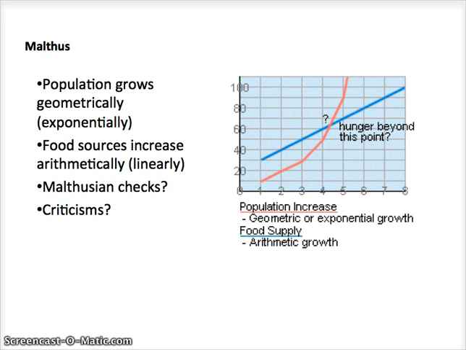Now, like many things that we talk about, there's typically an opposing side, and the primary criticism of Malthus is that this theory was devised long before some of the technology that we have in food production and agriculture today. That this was before agricultural revolutions, where we have advancements in production, and that we will meet the need should it come.